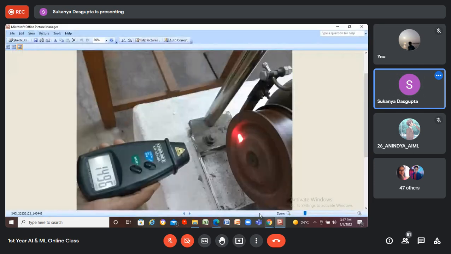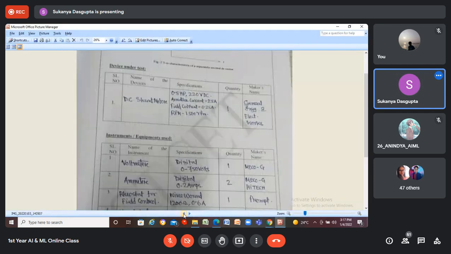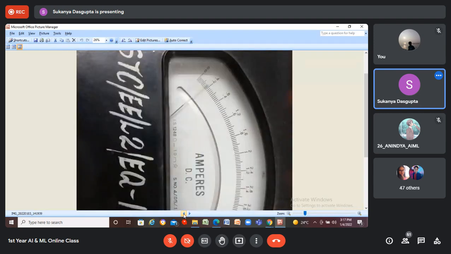Armature current, wait. This is the armature current value. This is the ammeter which is measuring the armature current. We'll use the upper scale, because we have connected it to the 5 ampere terminal, right? Two ampere ratings are there, 2.5 and 5. If you are using 2.5 ampere, you will use the lower scale. But since we are using the 5 ampere terminal, we'll use the upper scale. So it is 0.3?